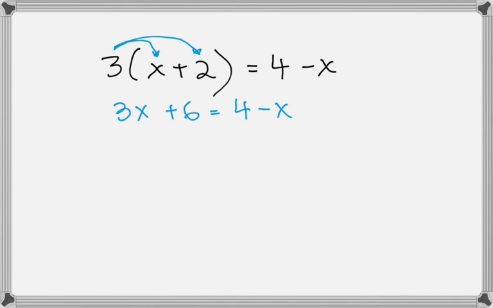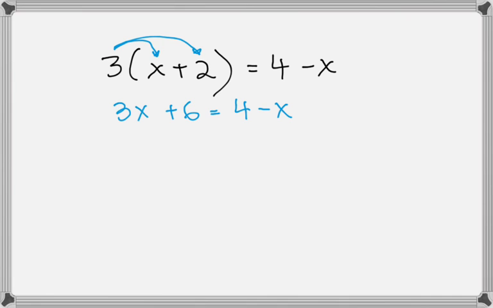And then we have to do what I call moving and shaking. We want to isolate the x. We want to get all the x's on one side and all the numbers on the other side. Which way you do that is up to you. We're all creatures of habit, so I always say letters to the left, numbers to the right, but you can do that either way as long as you get the same answer.